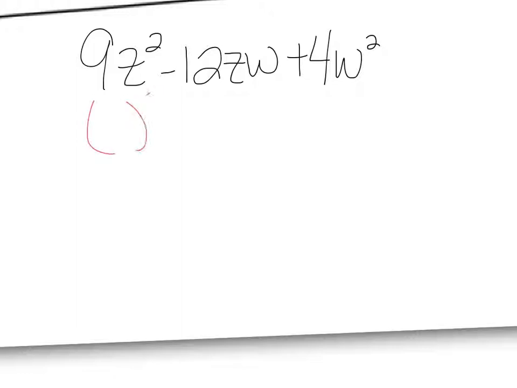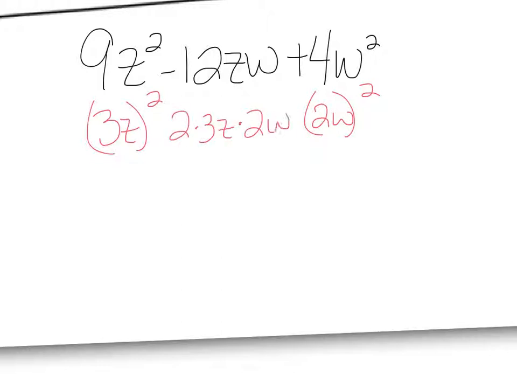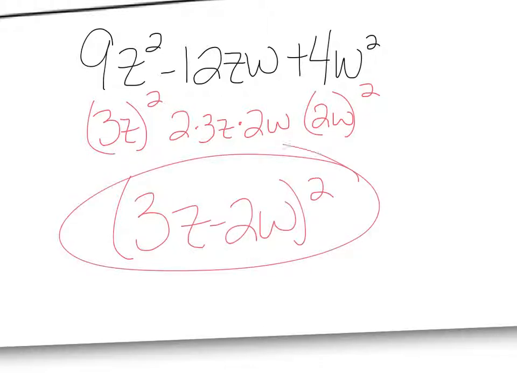What squared gives me 9z squared? What squared gives me 4w squared? Does 2 times 3z times 2w give me 12zw? It does. It sure does. Okay, am I going to add or subtract my a and b? Subtract. So my answer is 3z minus 2w quantity squared.